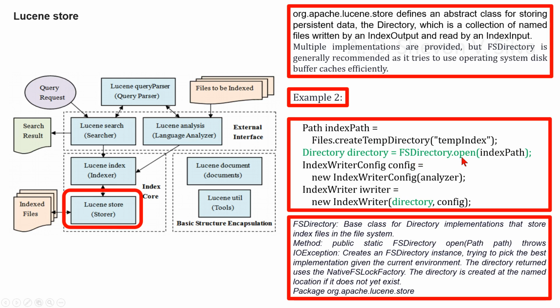Here, the method public static FSDirectory open(Path) creates an FSDirectory instance, trying to pick the best implementation given the current environment. The directory returned uses the native FSLockFactory.